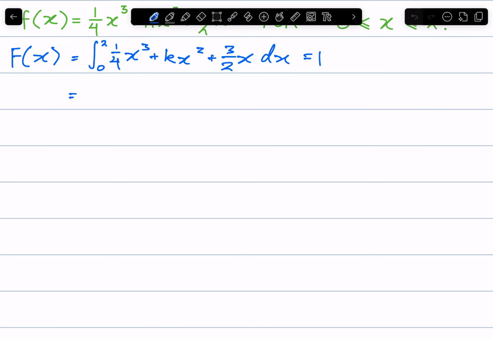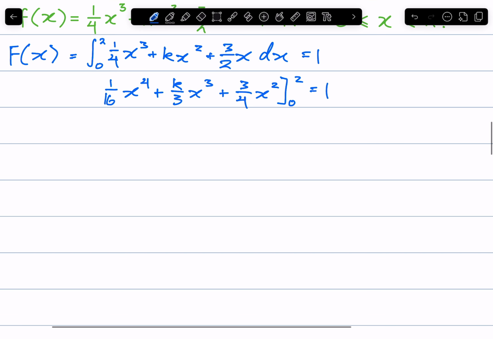Integrating, x to the power of 4 divided by 4 is 1/16, plus k on 3 x cubed plus 3 on 4 x squared, from 0 until 2 should give me 1. So using my calculator now, I'm going to substitute 2 into here. 1/16 times 2 to the power of 4 gives me 1.